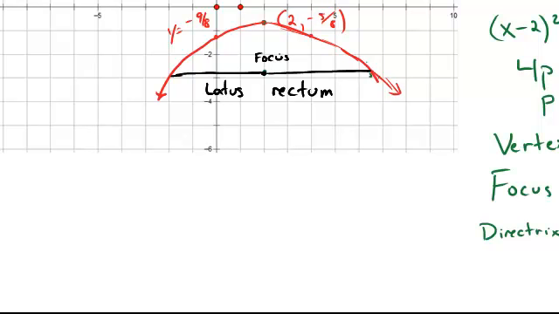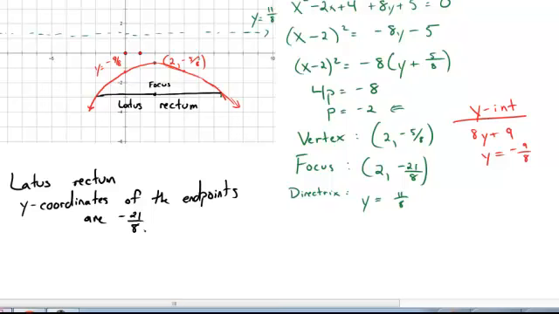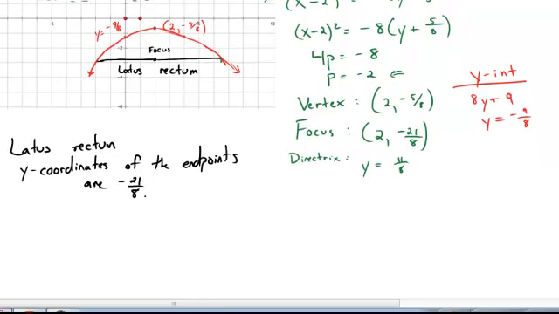The only thing we really know about the latus rectum is the y coordinates of its endpoints. Right? We know that the y coordinates of the endpoints are minus 21 over 8. Now, of course, I've chosen a somewhat nasty problem to figure this out.